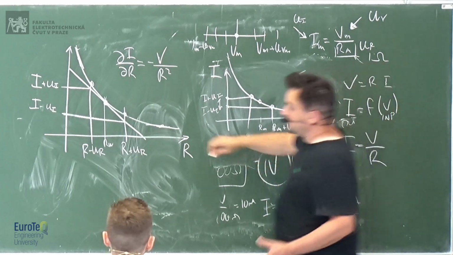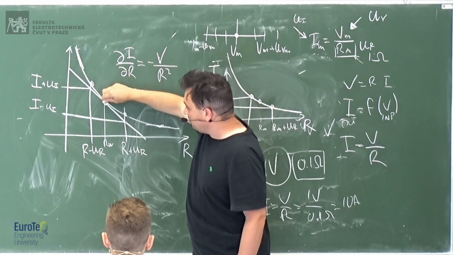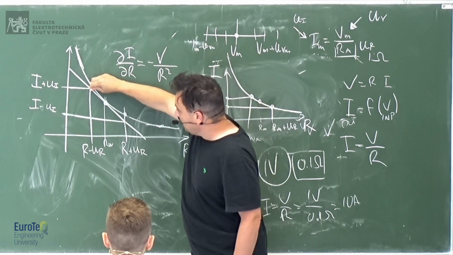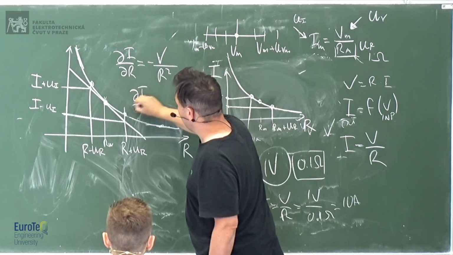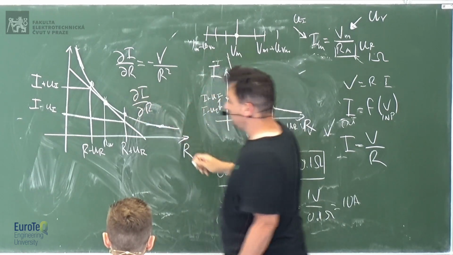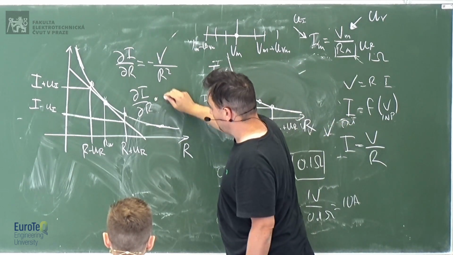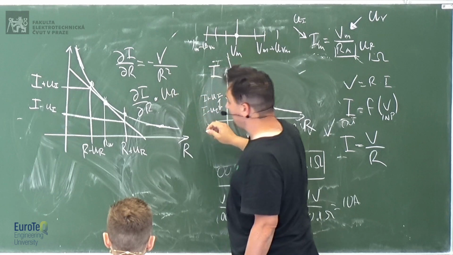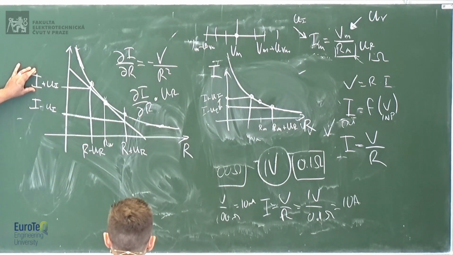We say instead of taking the real function, we take the linearization of the function in this point, and again we multiply the derivative of the current with respect to the resistance times the uncertainty of the resistance to get the uncertainty of the current, okay?